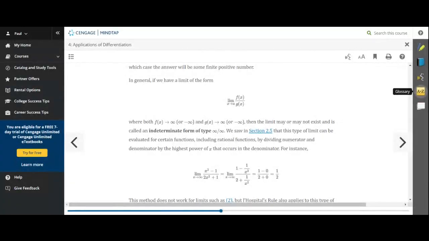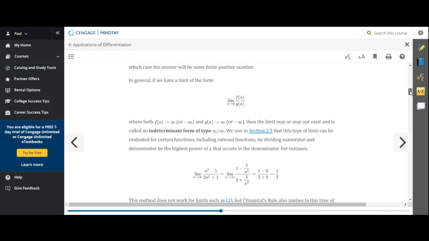Anyway, that's how the rule is named. They say the rule was discovered by John Bernoulli, another famous mathematician who lived about the same time, 1667 to 1748. But they name it after this Marquis de L'Hopital.